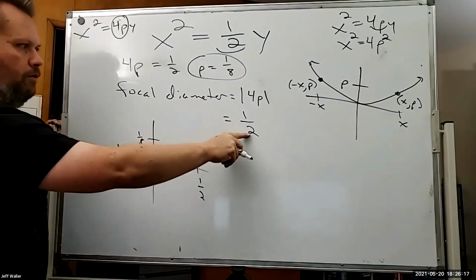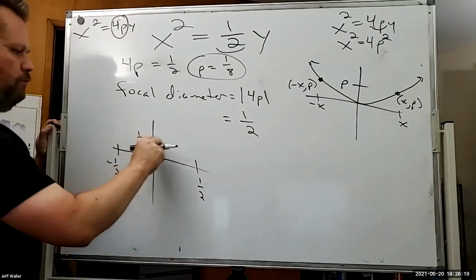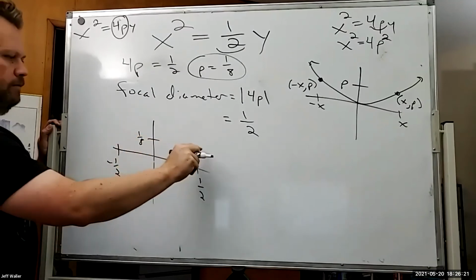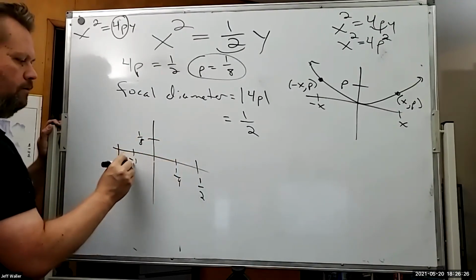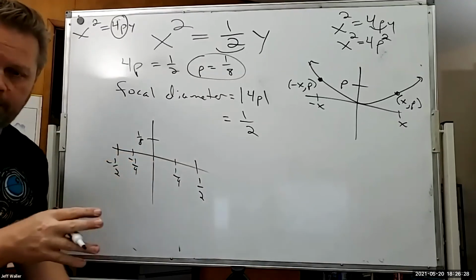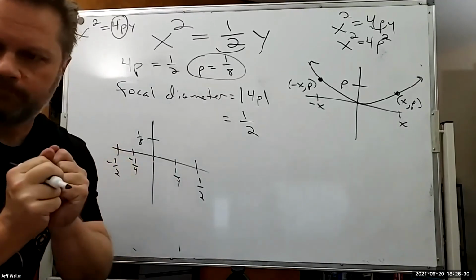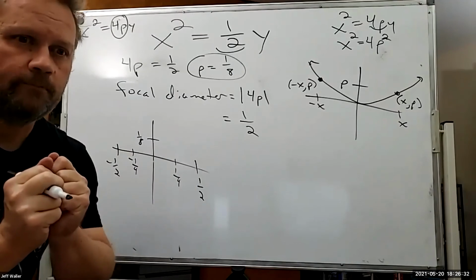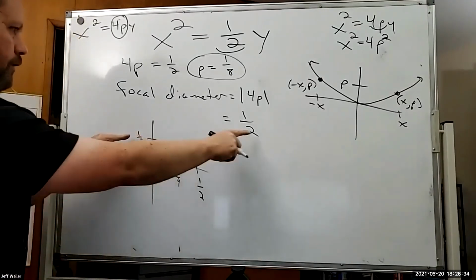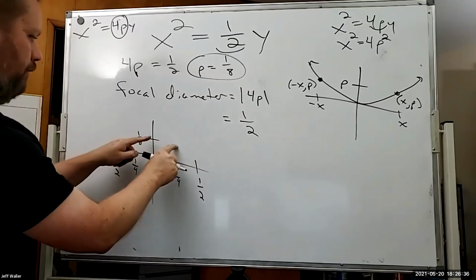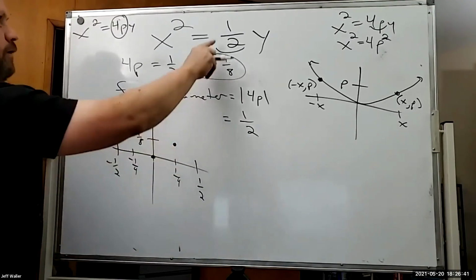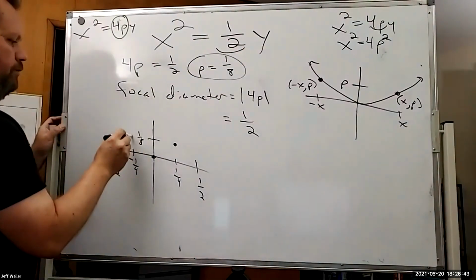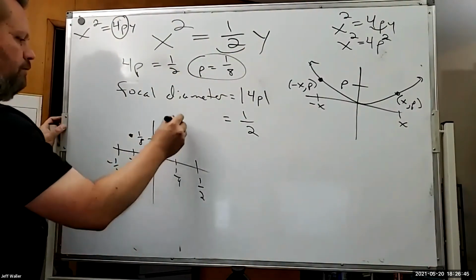I want the total diameter to be 1/2. So I actually want to go out 1/4, right, you guys? So I want the total distance here to be 1/2. So I have to go up 1/4 and down 1/4. So I know there's a point here. I know it goes through 0, 0. And I know there's a point there. And I'm done.